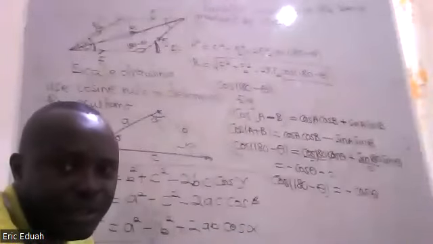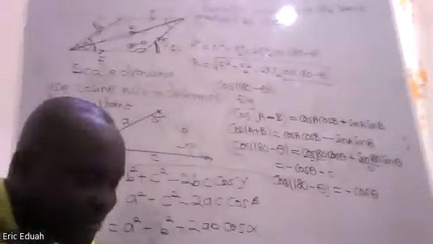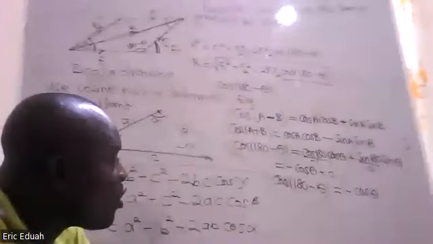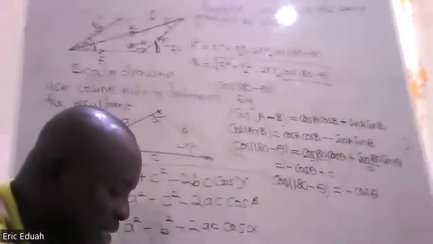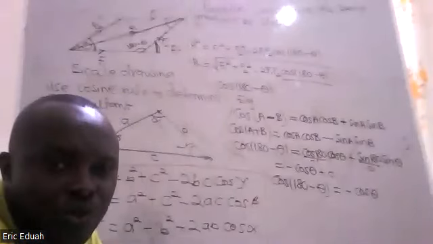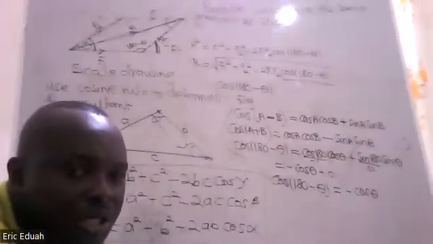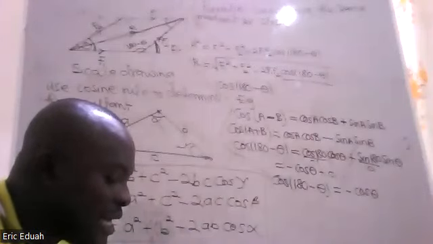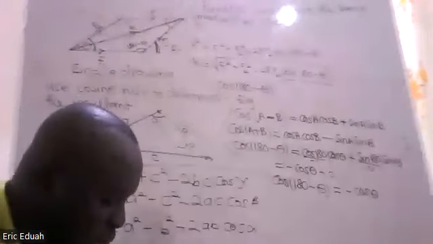I hope you are following. So in place of cos 180 minus theta, we are going to substitute negative cos theta because they are the same thing.